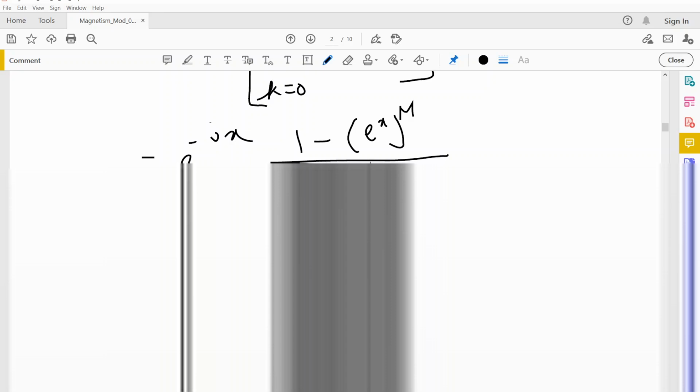And dx by dB is nothing but beta, mu B and g, right? And cosh by sinh, here we have cosh by sinh, that's our coth function. You know that cosh by sinh is nothing but the coth function.